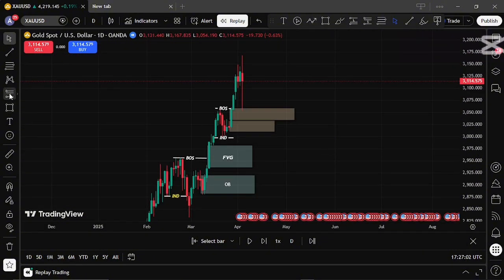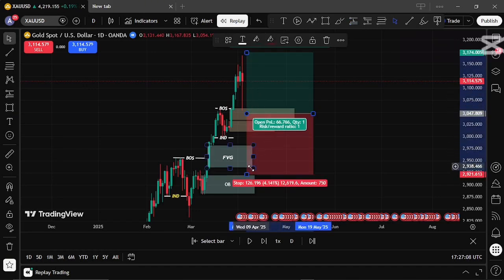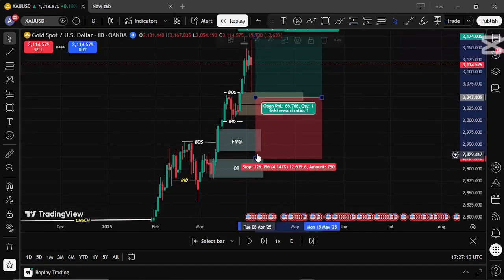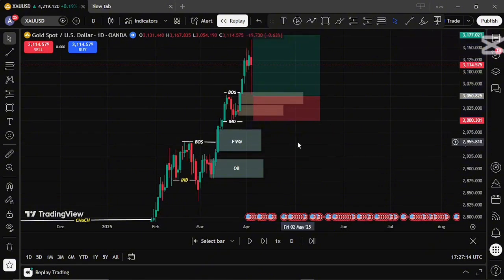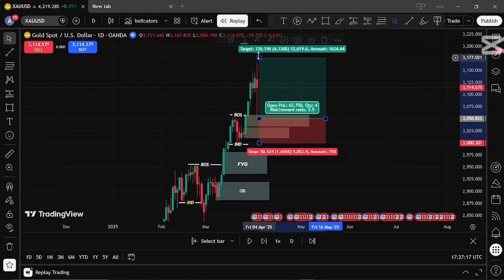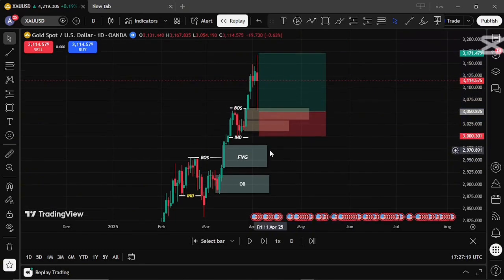Now, anyone that put orders in the middle of the fair value gap, put stop losses below the zones, and maybe targeted the recent high, they all got stopped out. Why?